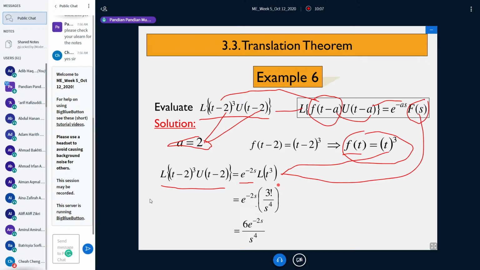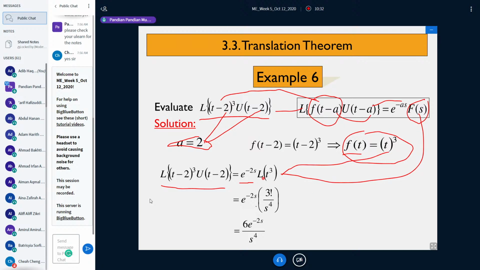Because in the table, you have Laplace of t cubed, not Laplace of (t-2) cubed. If (t-2) cubed, you have to expand this. No, that will be a very long way. So you want to just change t-2 into t.